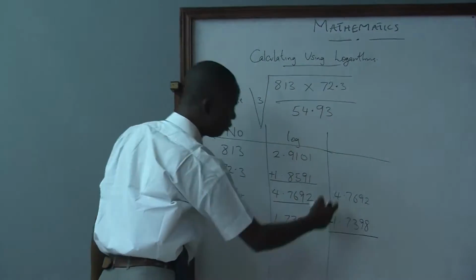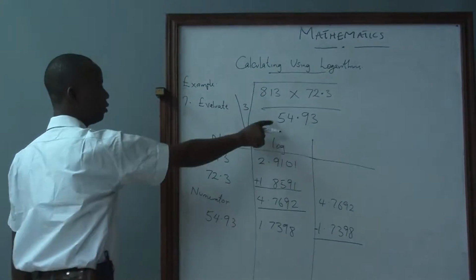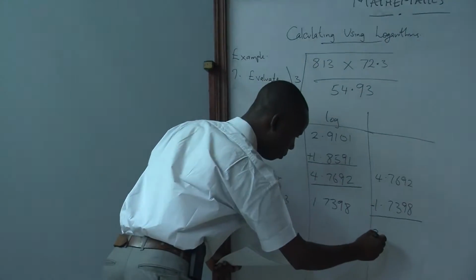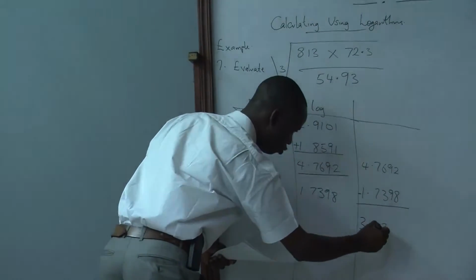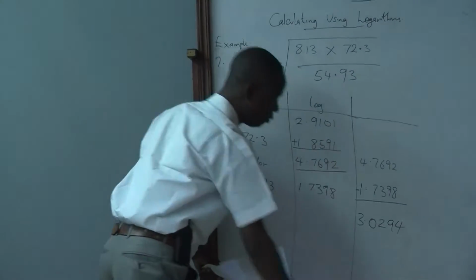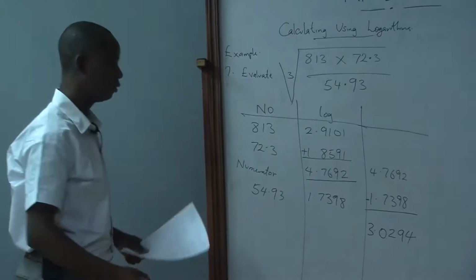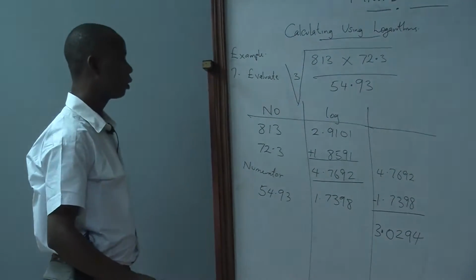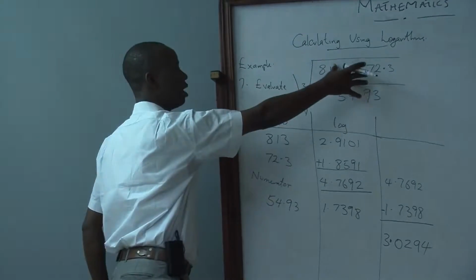You subtract this from this, since it is division. And the value there is 3.0294. So we are done with everything we have in the cube root.